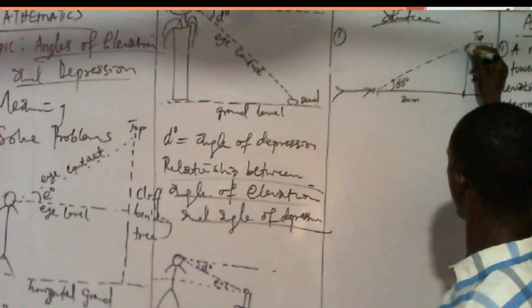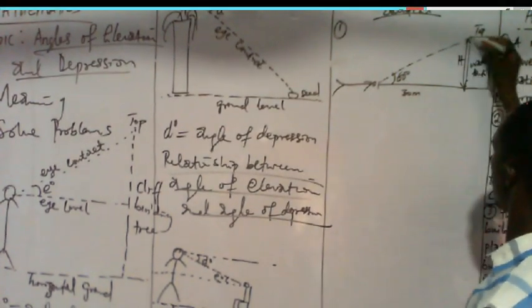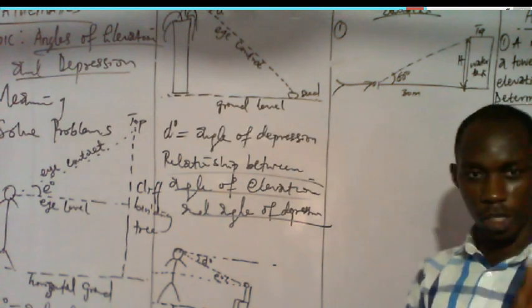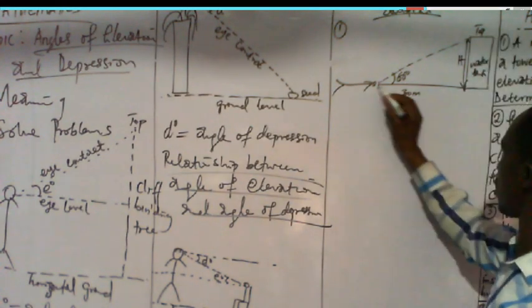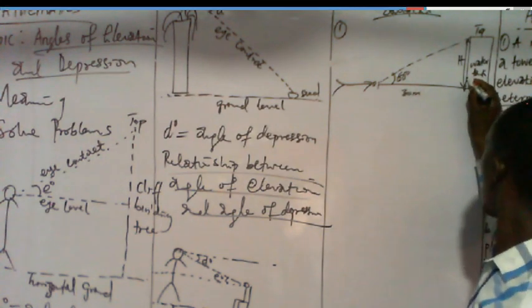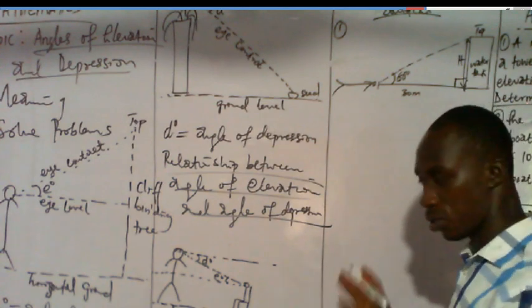What are we looking for? We are looking for the height. Let's denote it with the letter H, from here to here. You need nobody to tell you that this stands vertical and this is horizontal ground, and we must necessarily have a right angle between the horizontal and the vertical.